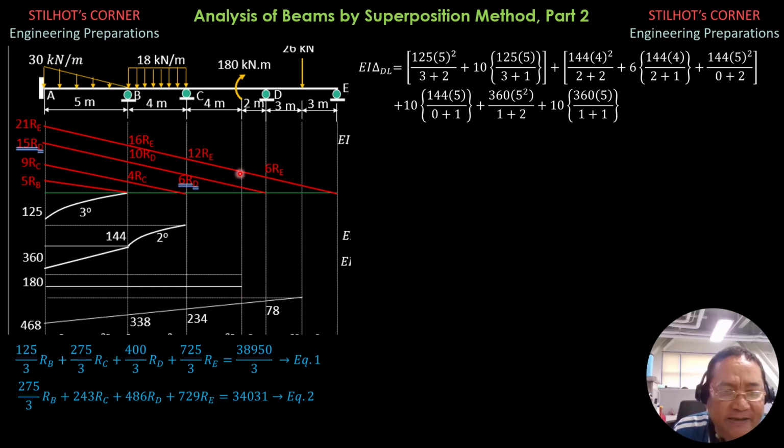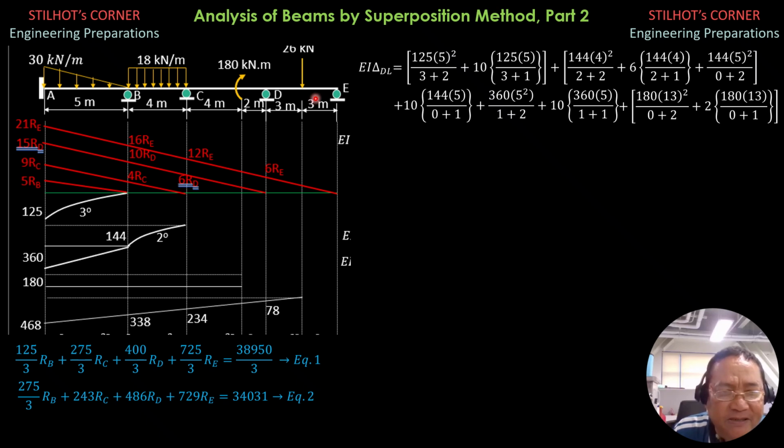So 180 times 4 plus 4 plus 5, so 13. 180 times 13 square over 0 plus 2 due to deflection, plus additional slope 2 times theta, because that's 2. 2 times moment 180, length 13 divided by 0 degree plus 1.